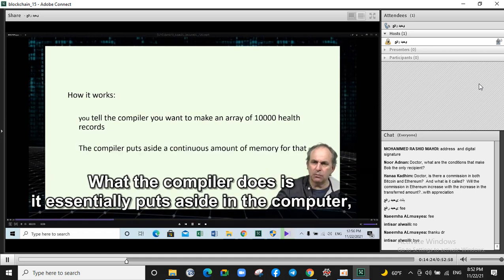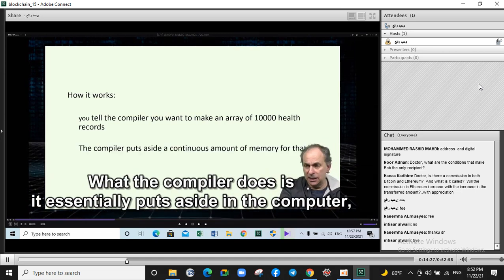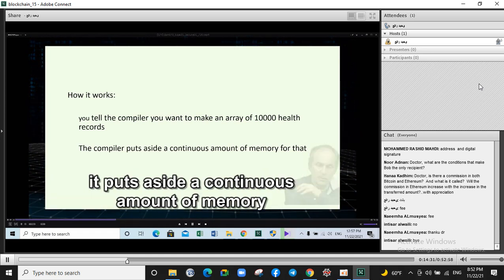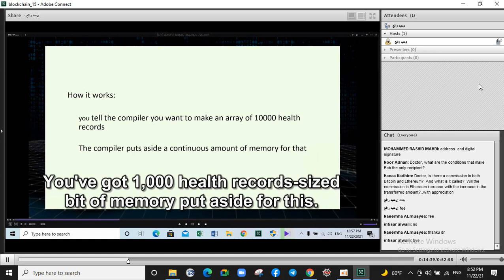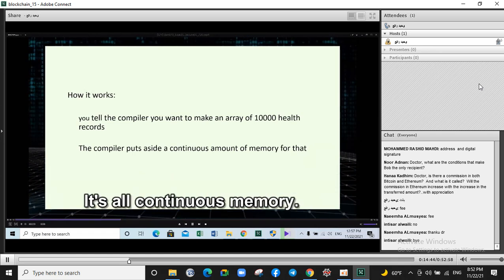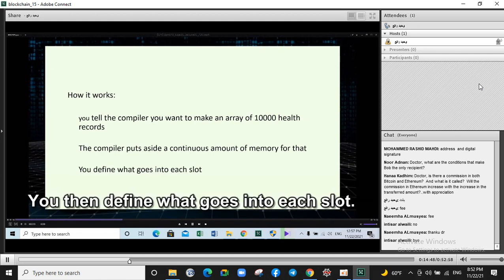And what the compiler does is it puts aside a continuous amount of memory, just the right size for 1,000 health records. It's all continuous memory.